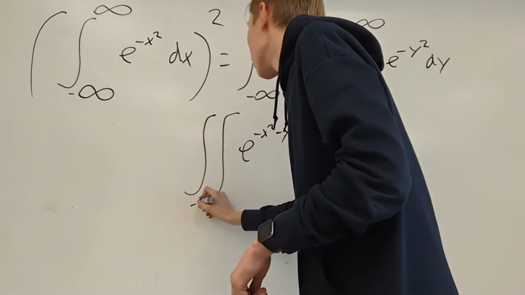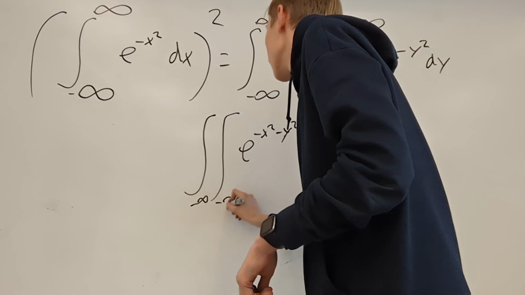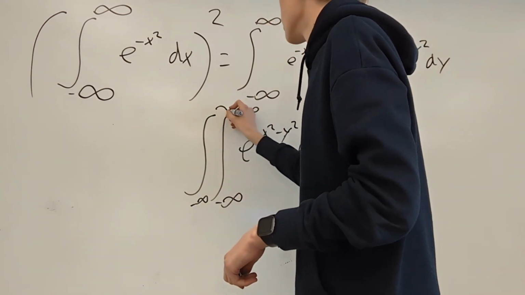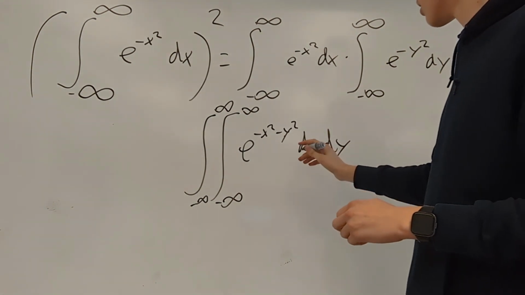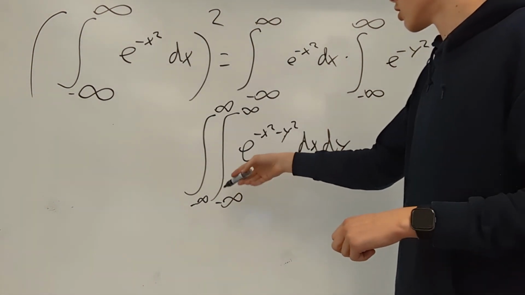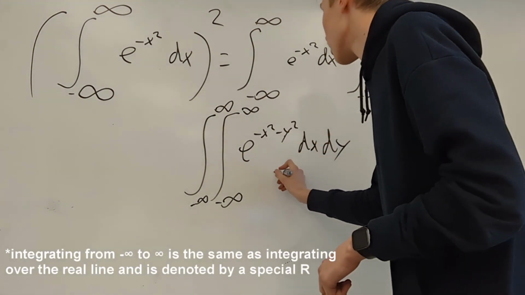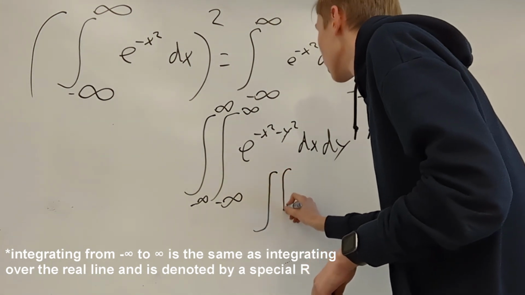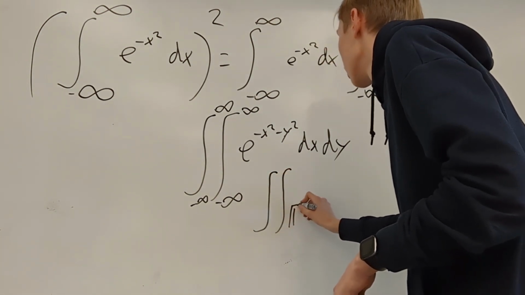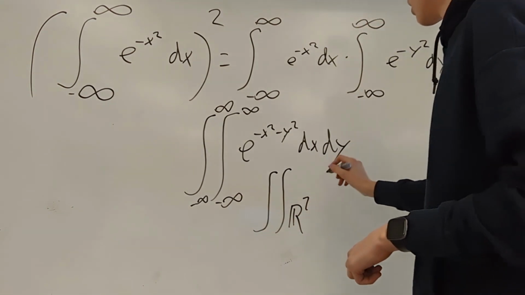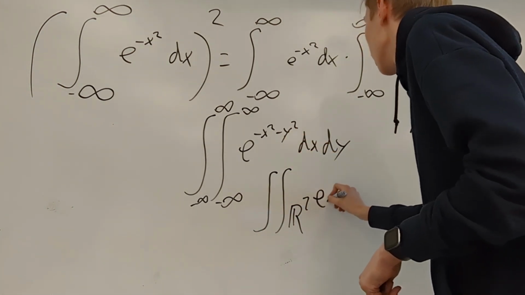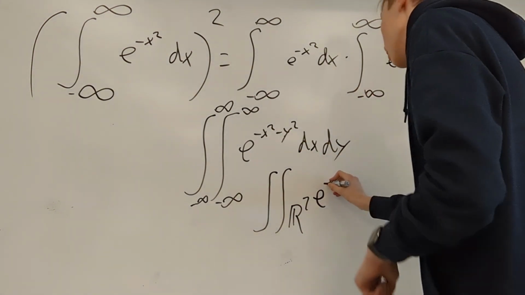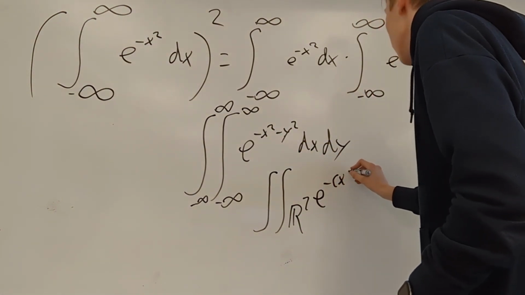And it goes from negative infinity to infinity in both variables. And now, from this, this is just the real, so we can actually rewrite this into the real squared, and we can just take this expression and factor out the negative.